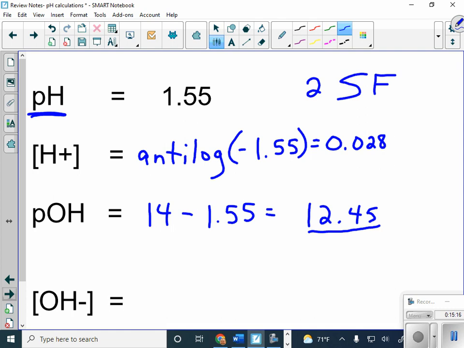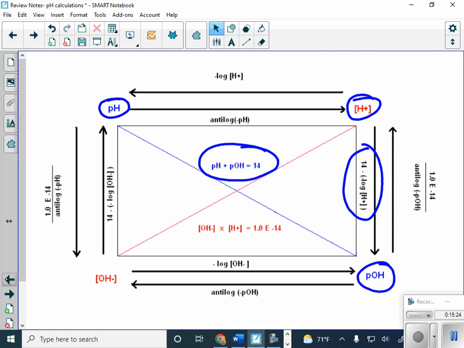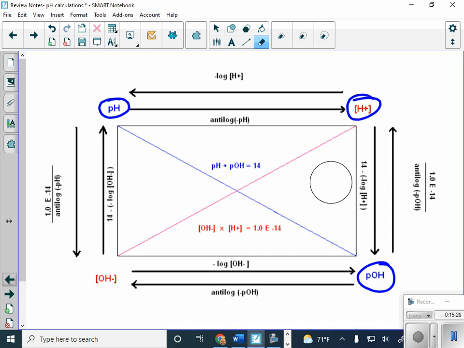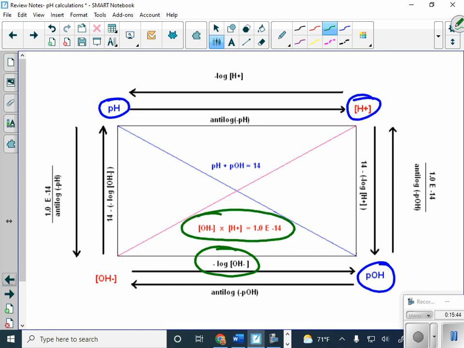Now, my final thing here is I'm going to calculate the hydroxide ion concentration. But when I go back to my square now, I'm going to erase these two things. I've now calculated those three things. So in order to calculate the hydroxide ion concentration, I could use this going from the pOH, I could use this going from the hydrogen ion concentration, or I could use this going from the pH.